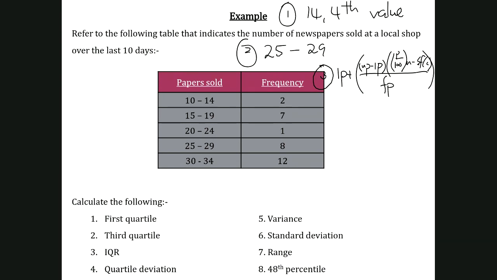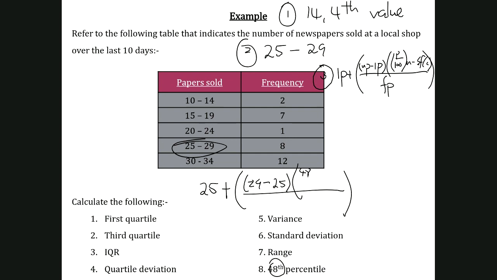The group is 25 to 29, so the lower limit is 25, plus, within your brackets, your upper limit, which is 29, minus your lower limit of 25. Then it's times P over 100, so P is 48 over 100 times N, which is 30, minus the sum of the frequencies in the groups before the group you selected.